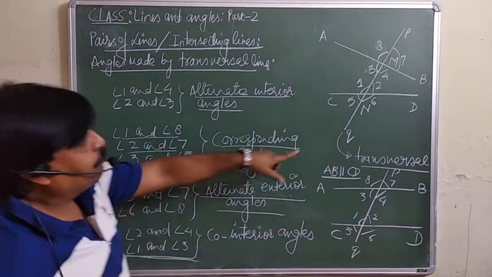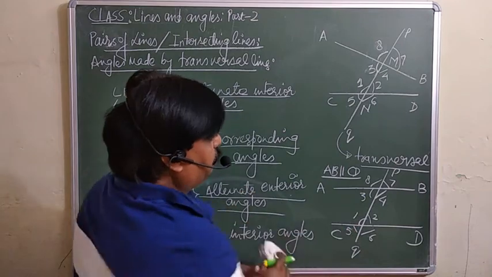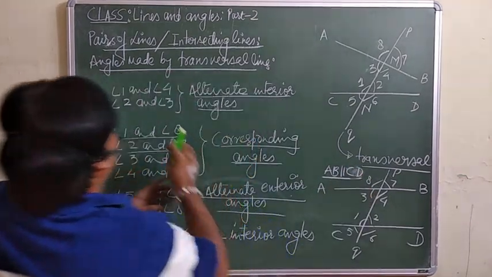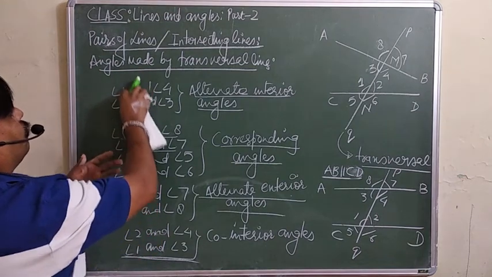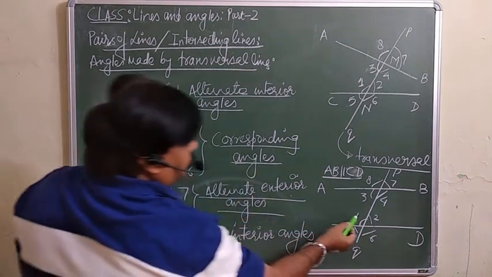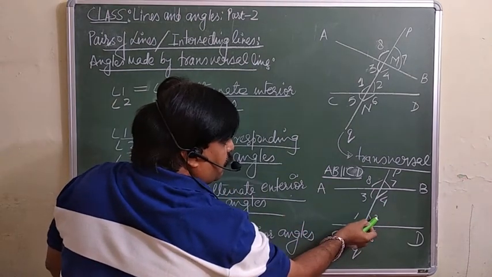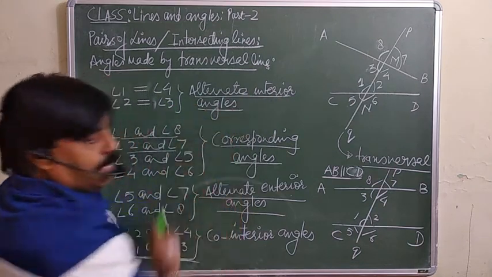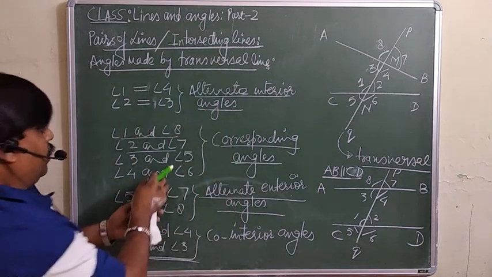So if AB is parallel to CD, then angle 1 will be equal to angle 4, and angle 2 is equal to angle 3, and they are known as alternate interior angles.